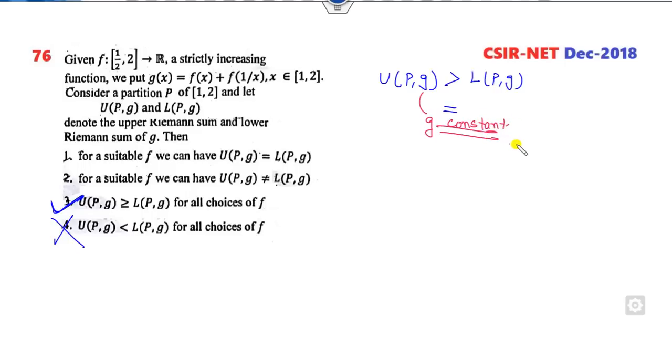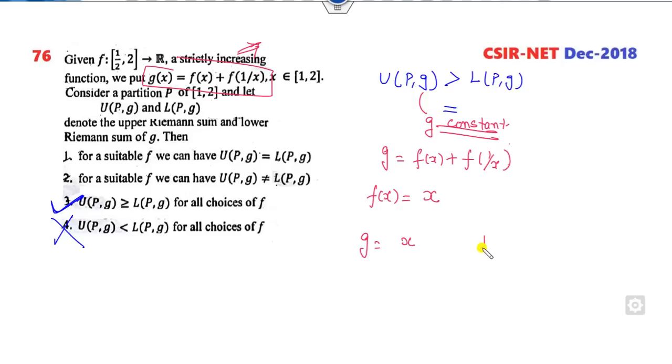So if you construct this g to be a constant, then you have equality. How can you define a function to be constant? Here g is any strictly increasing function, so you can simply take any increasing function, say x. Can you say g is constant from here? What is my g?